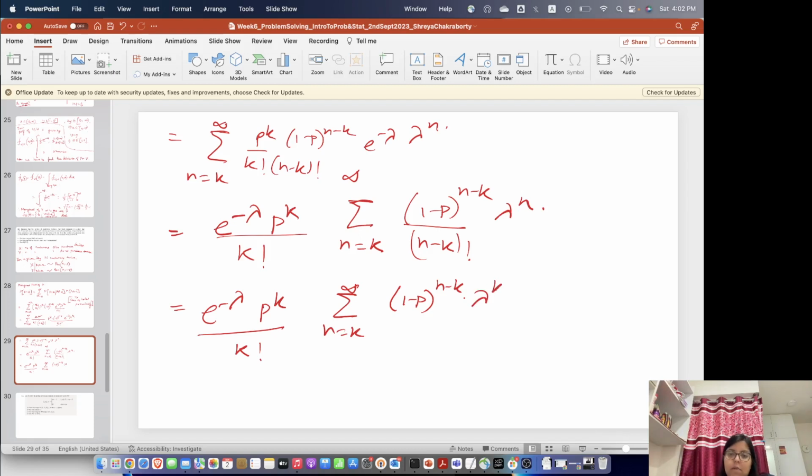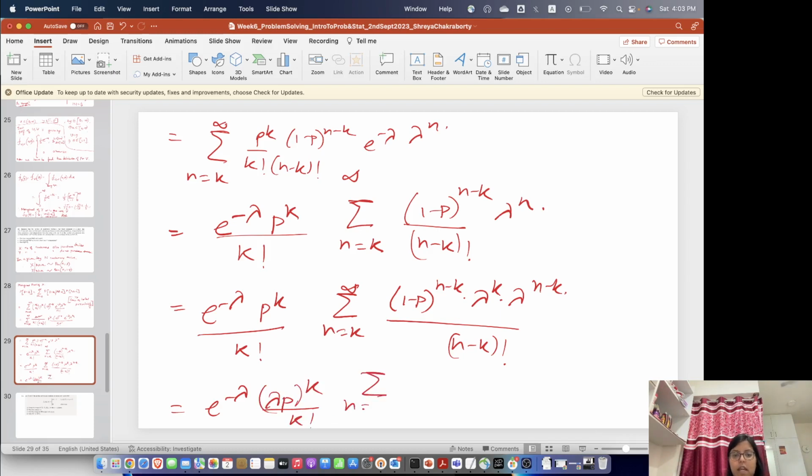Lambda to the power n we can write as lambda to the power k into lambda to the power n minus k, by n minus k factorial. This lambda to the power k will take it out. So lambda to the power k and p to the power k will have e to the power minus lambda, p whole to the power k by k factorial, summation n equal to k to infinity, lambda into 1 minus p whole to the power n minus k by n minus k factorial.